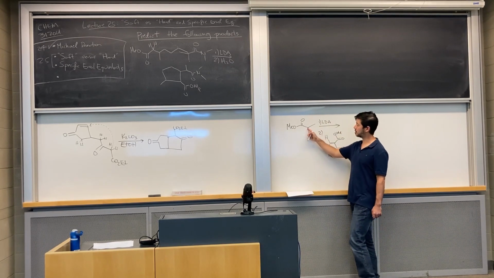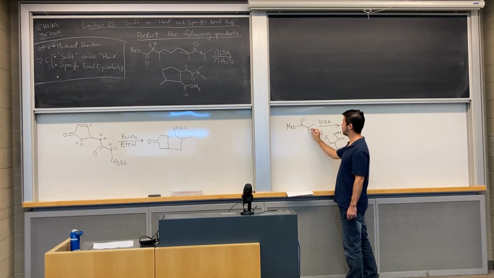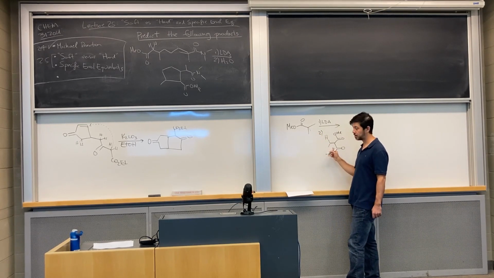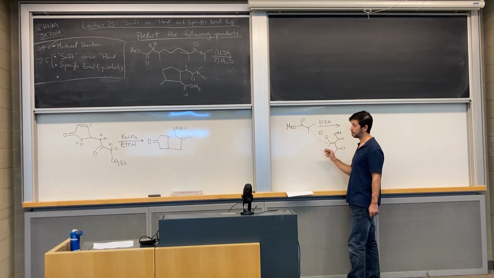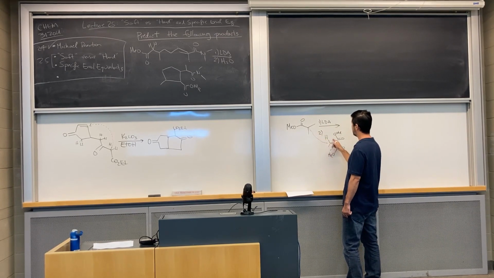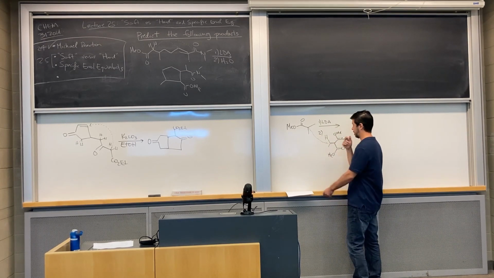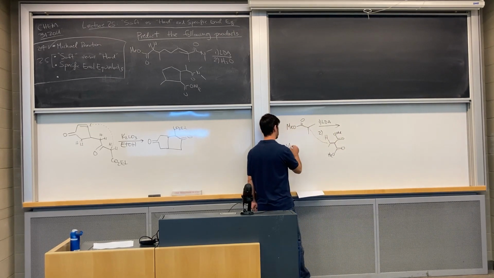You know that you're going to form an enolate here, and then this will come and attack this Michael acceptor, with attack occurring specifically here. Electrons will go up into the system like that. Maybe we'll just go quickly through this mechanism.